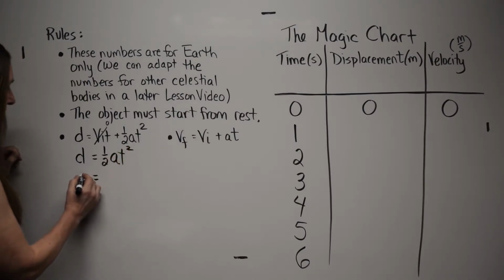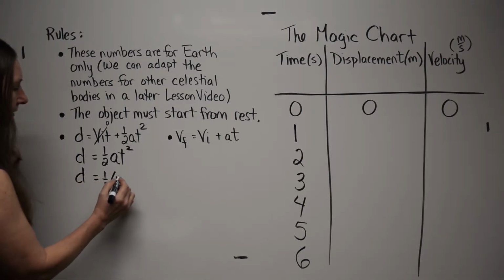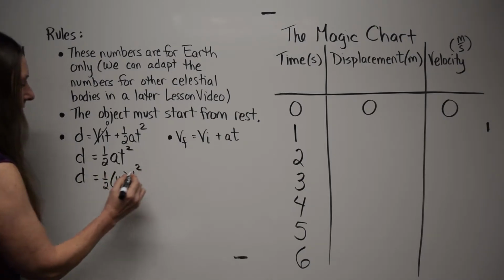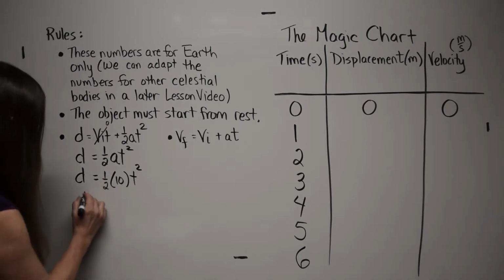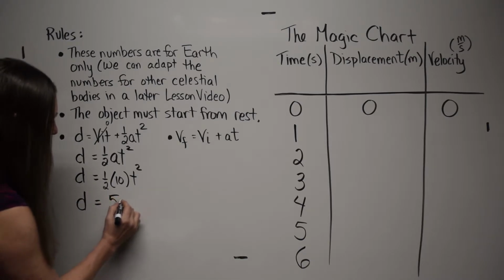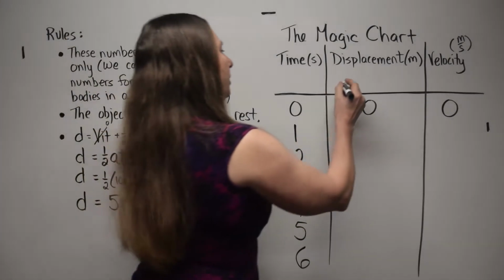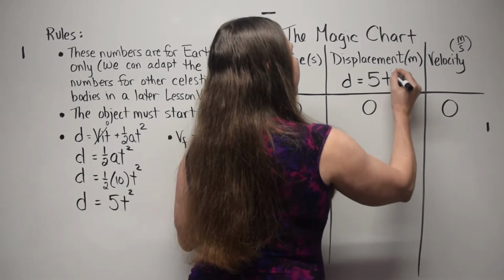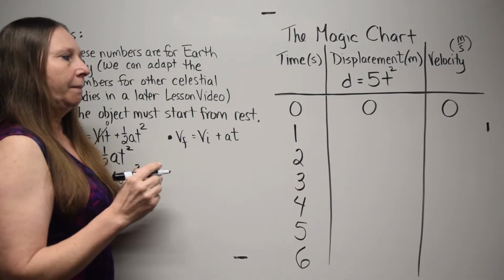Now, we know that a is 10 meters per second squared, and the time is going to have to be squared. So really, what this boils down to is that the displacement is going to be 1/2 of 10, that's 5t squared. So the displacement is going to be 5t squared.